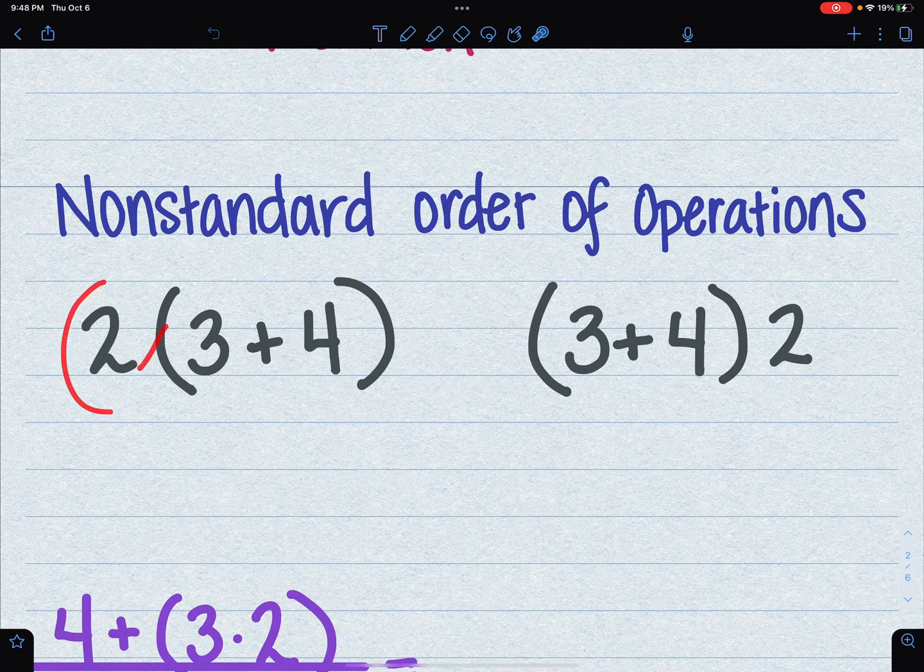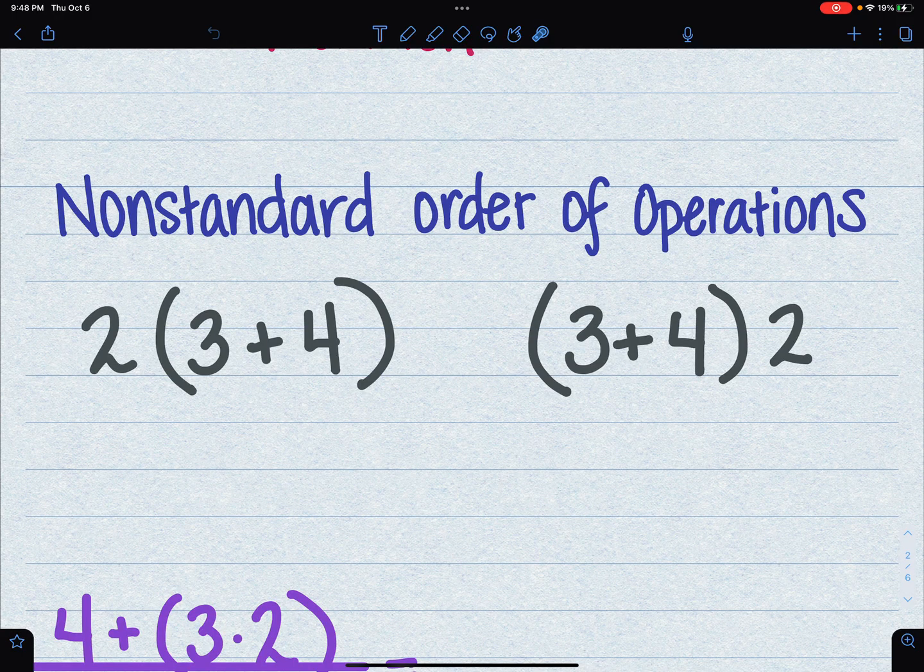They don't want you to do 2 times 3 first. They want you to do 3 plus 4. So if it's a non-standard order of operations, meaning they want you to add first before you multiply, then you put parentheses around the adding. That way you know to do it first. Does that make sense? So you do the parentheses first, and then you do all the other stuff like multiplication, division, and then addition and subtraction.